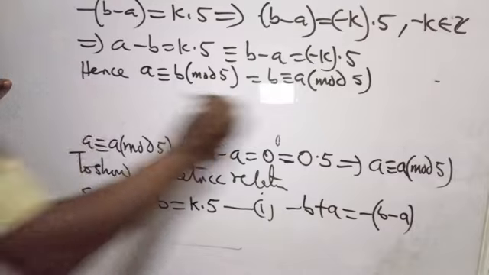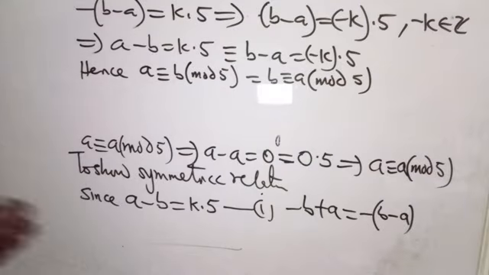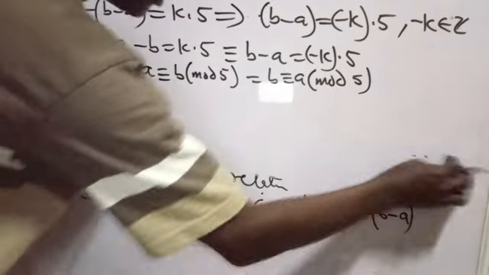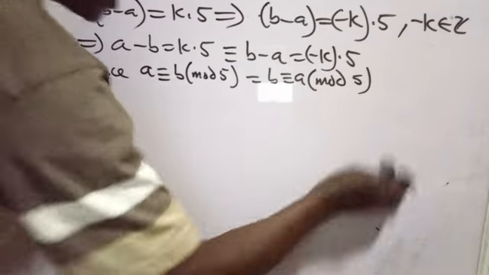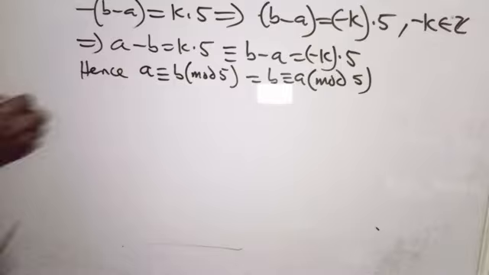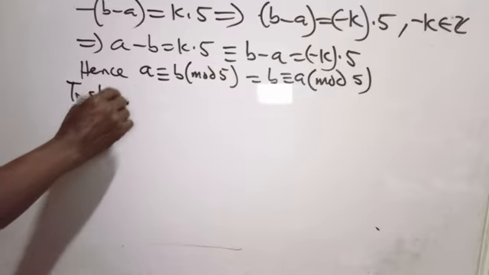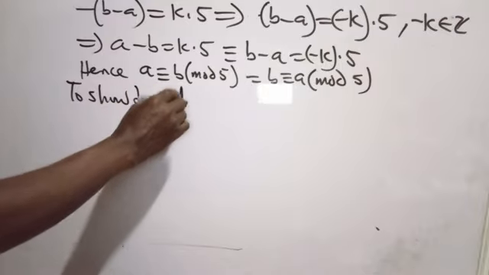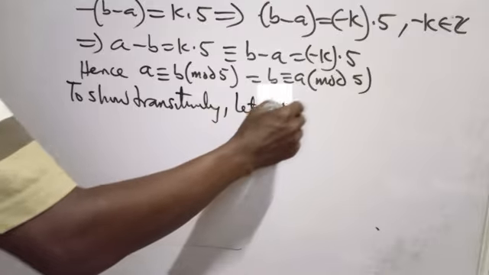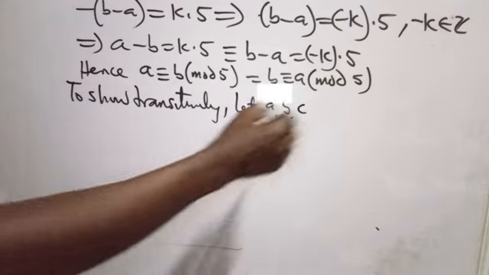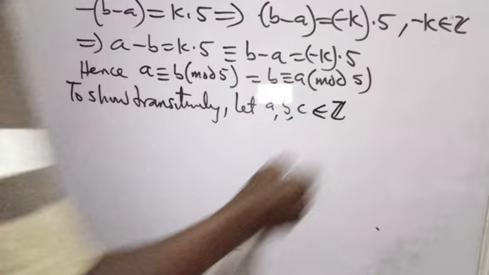Now how do we prove the last one, which is transitivity? Let's see how we want to prove it. To show transitivity, let a, b, c be integers.